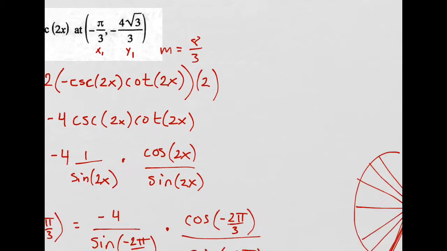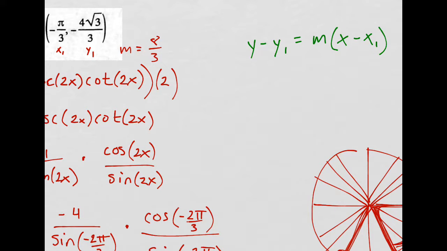So in this form, all we have to do is plug in, so y minus, well, actually it'll change to plus because it's already a minus there. So y plus 4 root 3 over 3 equals 8/3, that's the slope, times x minus, well, it changes to plus because it's also a minus, so pi over 3.